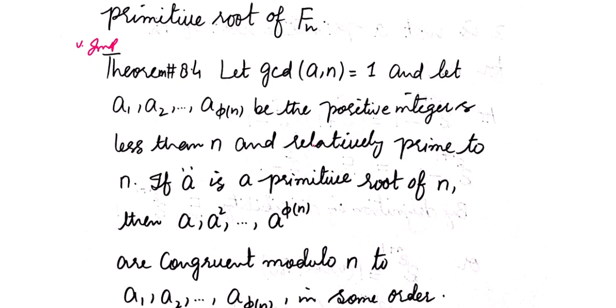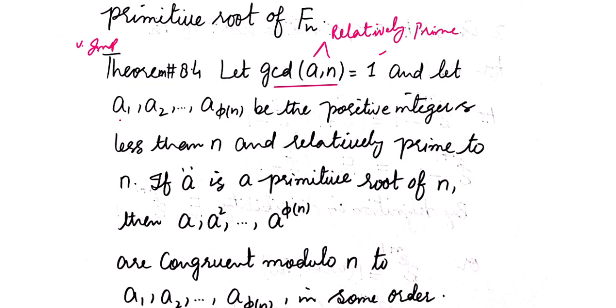This theorem says let GCD of a and n be 1, meaning they are relatively prime. We know if the GCD of two integers is 1, they are called relatively prime or coprime.